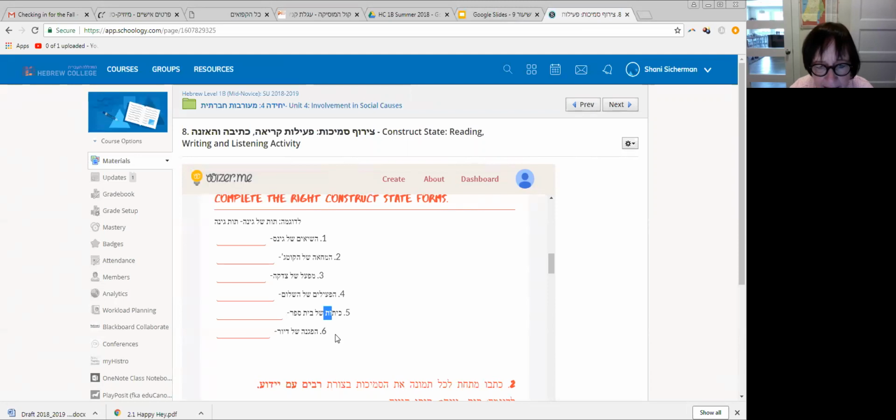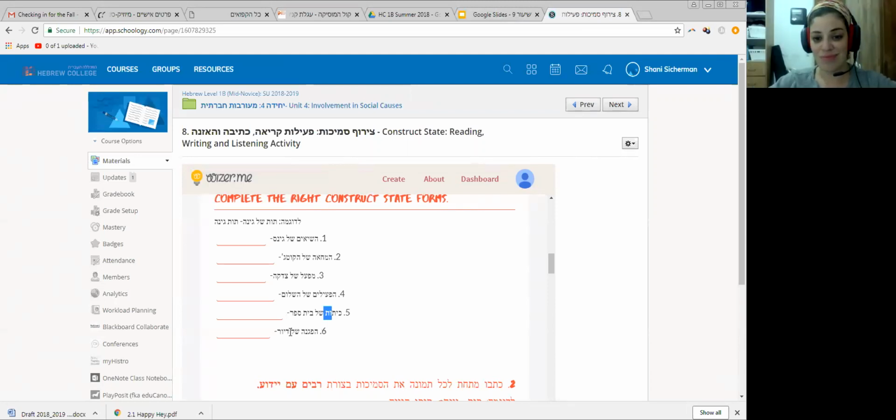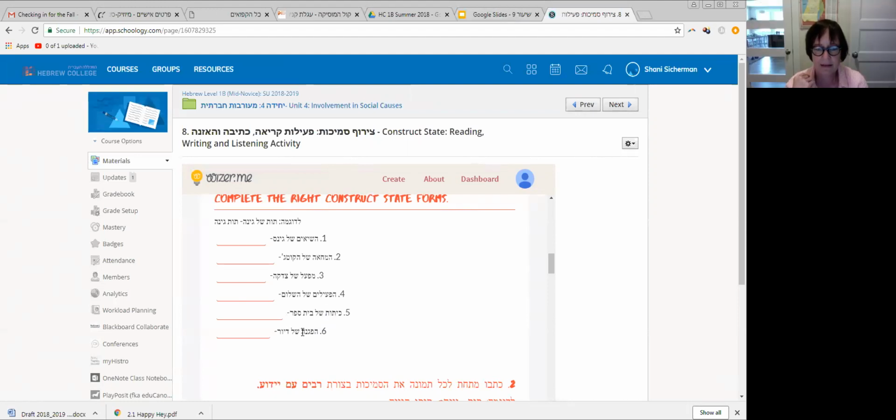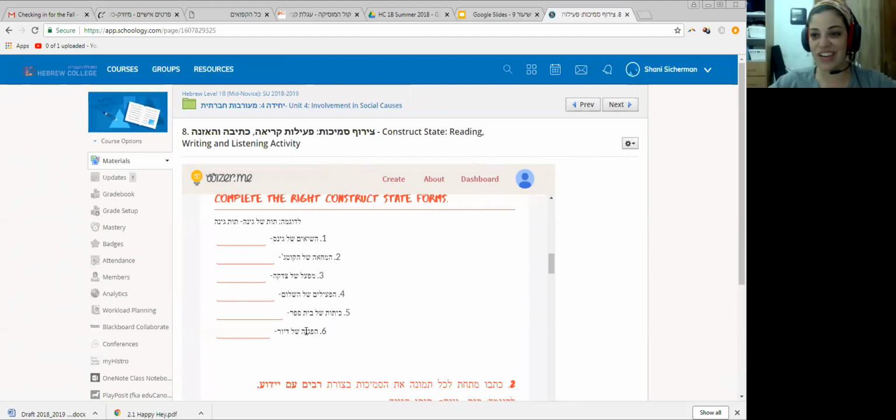We already have kitot, so we just need kitot beit sefer. That's it. Well, that's easy. Yeah, so really it's just getting rid of the shell, exactly.